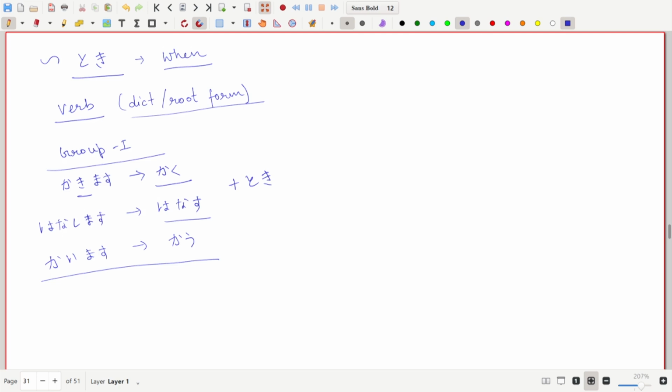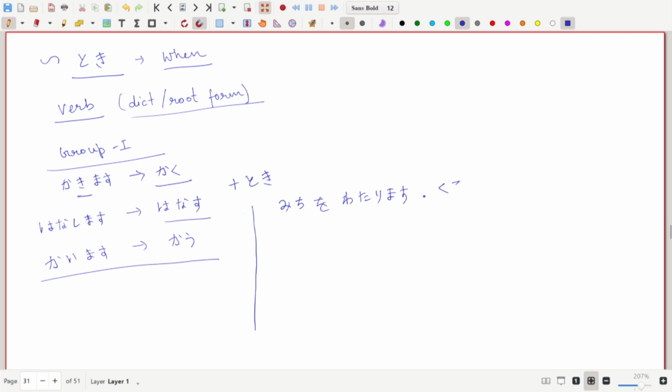So with the verb, let's make some examples. When I cross the road, I am careful about the cars. To cross the road in Japanese is michi o watarimasu. And I take care of the cars. Please be careful of the vehicles.